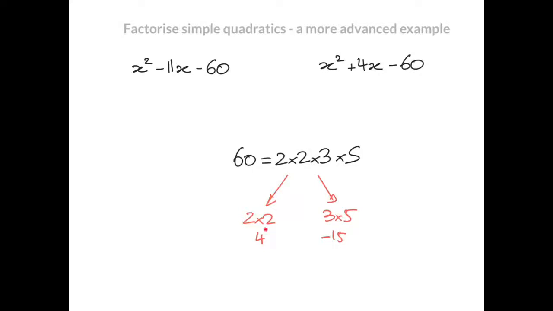So now we end up with two numbers, one positive, one negative, that will multiply to minus 60, and that will add up to minus 11. So here are the two numbers we're looking for, and we can factorize our quadratic as x plus 4 and x minus 15. What if now, instead of the minus 11, we had a plus 4.